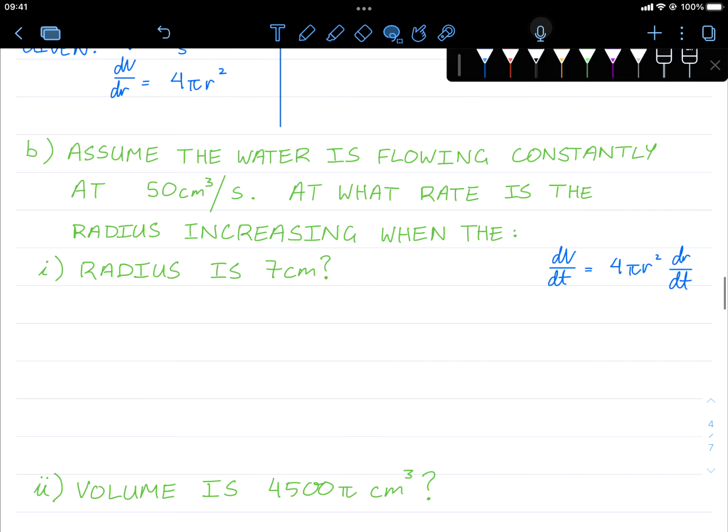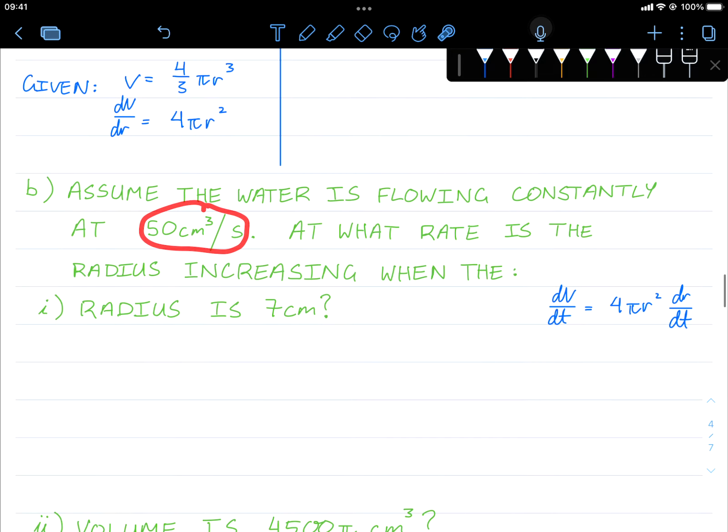So it says, assume that the water is flowing constantly at 50 centimeter cubed per second. I want you to think very carefully which of these rates that is referring to. Okay, so at what rate is the radius increasing when the radius is 7 centimeters? Now I want you to think again very carefully at what this refers to.